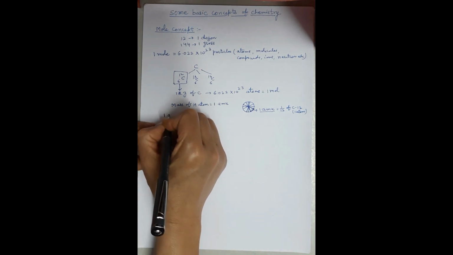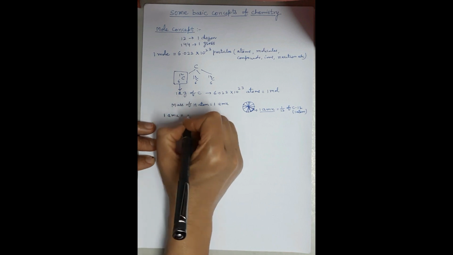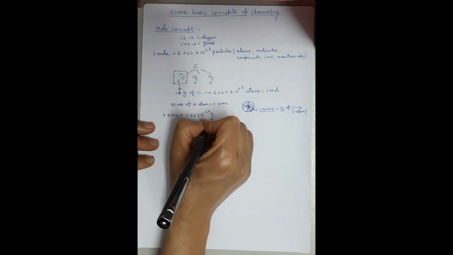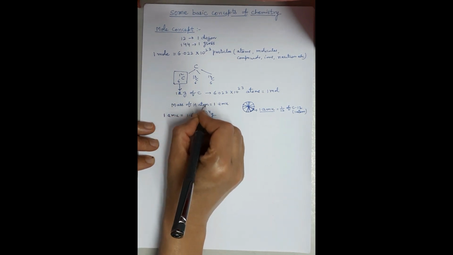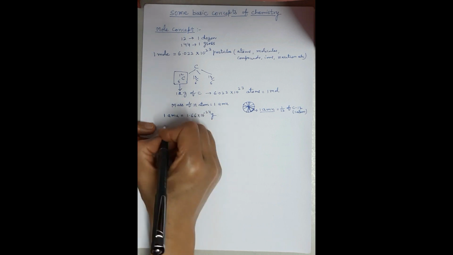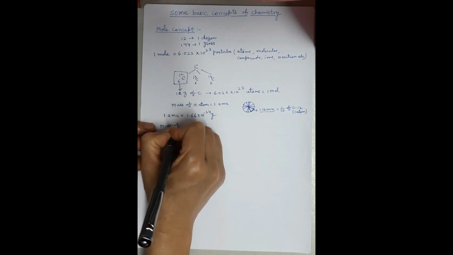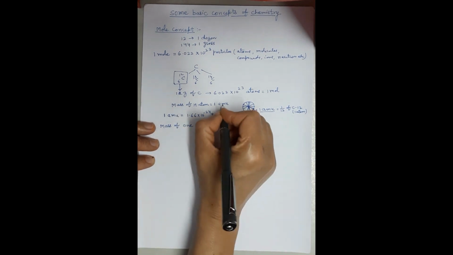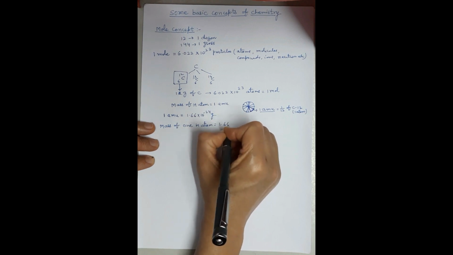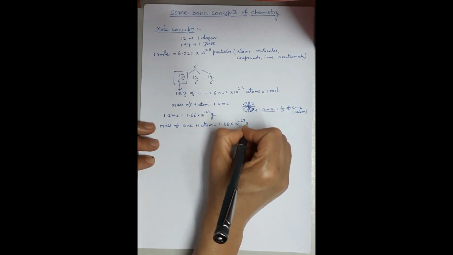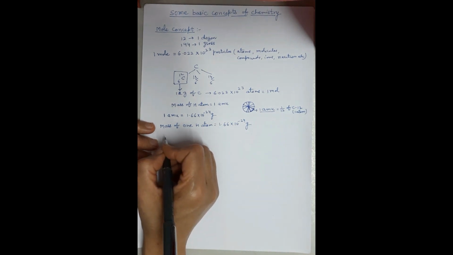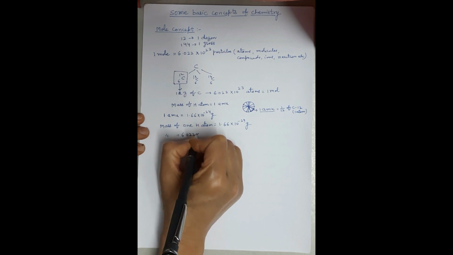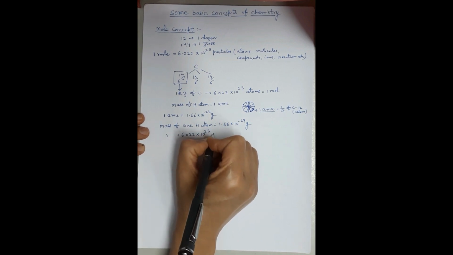And what is the mass of 1 AMU? We have already done in grams. Later on it is calculated to be equal to 1.66 × 10^-24 grams. So the mass of 1 hydrogen atom is equal to 1 AMU, which is further equal to 1.66 × 10^-24 grams. And what is the mass of 6.022 × 10^23 atoms?